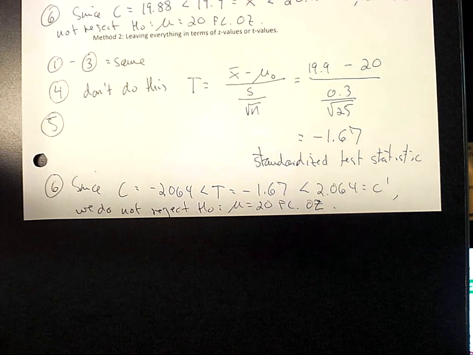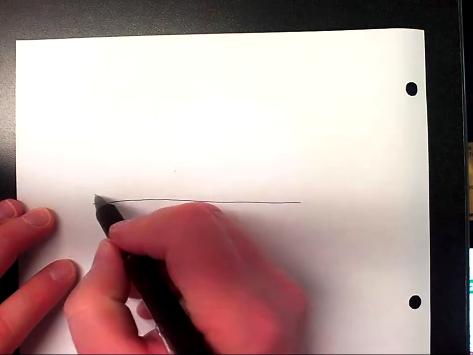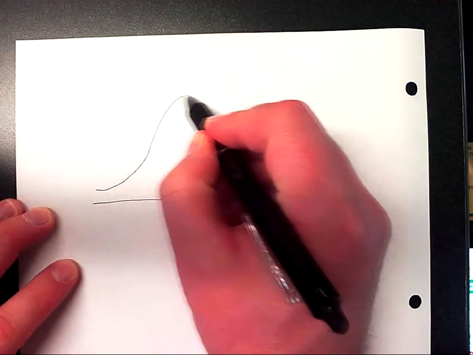What we're going to do now is this. What we're saying here is that we're either comparing units to units, here fluid ounces to fluid ounces, or we're comparing Z values to Z values, or in this case T values to T values. But one of the things we could do too, and this goes back to what we did previously, is this.